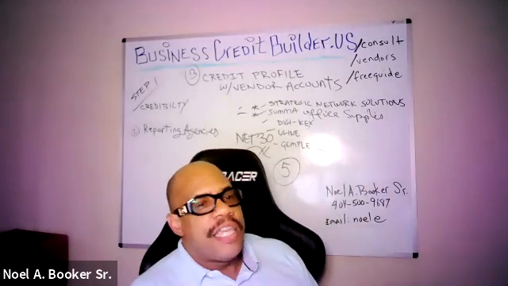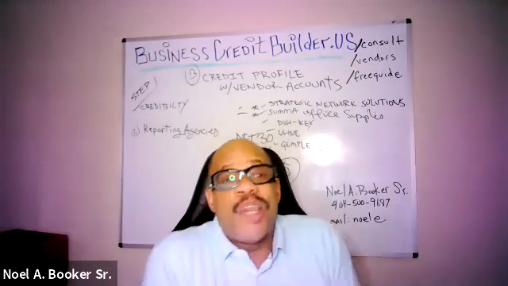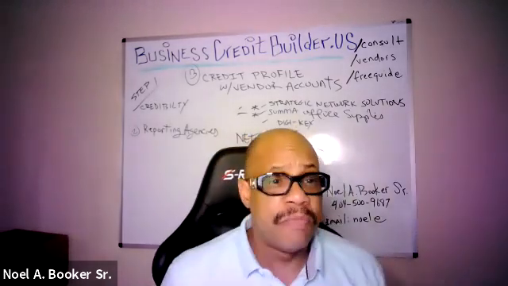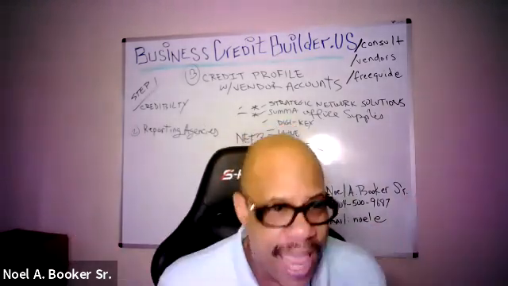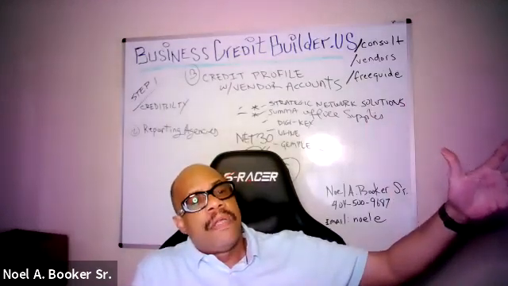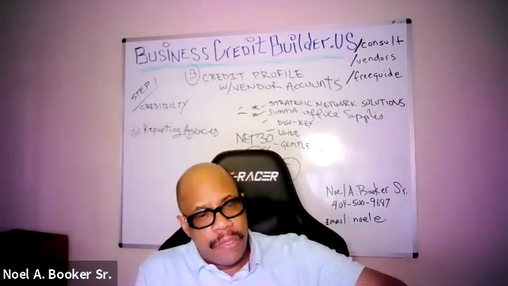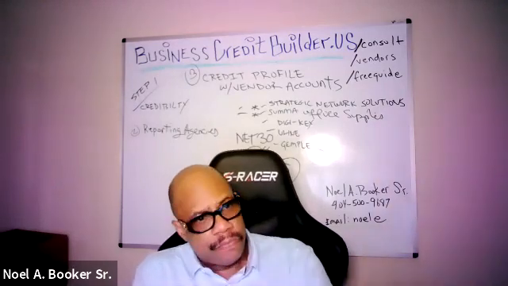Convincing a lender to think that you can pay a bill. Now, you don't have to be able to pay a bill. You just have to look like you can pay a bill. You know what I mean? And that's the credibility part, making your business credible in the eyes of the lender.